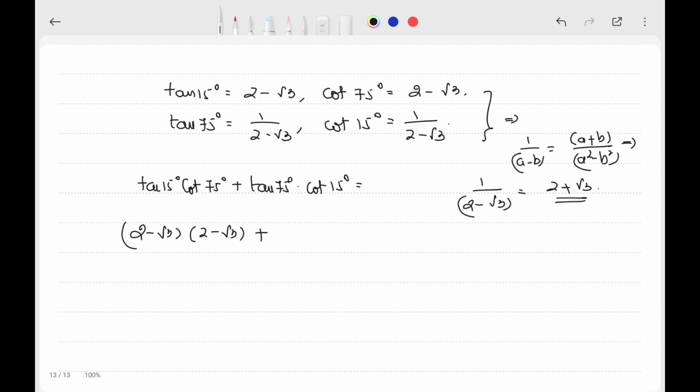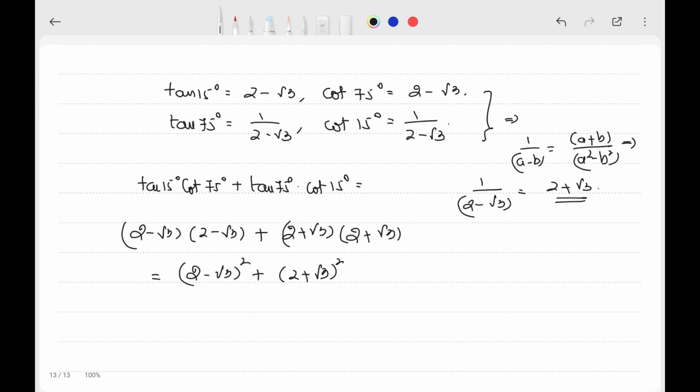That is 1 by 2 minus root 3, which is nothing but 2 plus root 3, into what is cot 15? It is 1 by 2 minus root 3, which is nothing but 2 plus root 3. That is equal to 2 minus root 3 whole square plus 2 plus root 3 whole square.